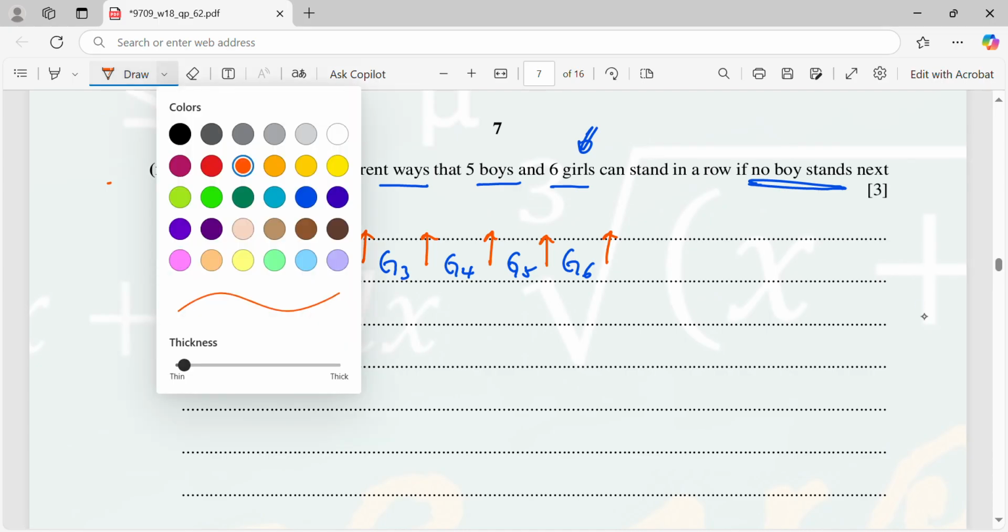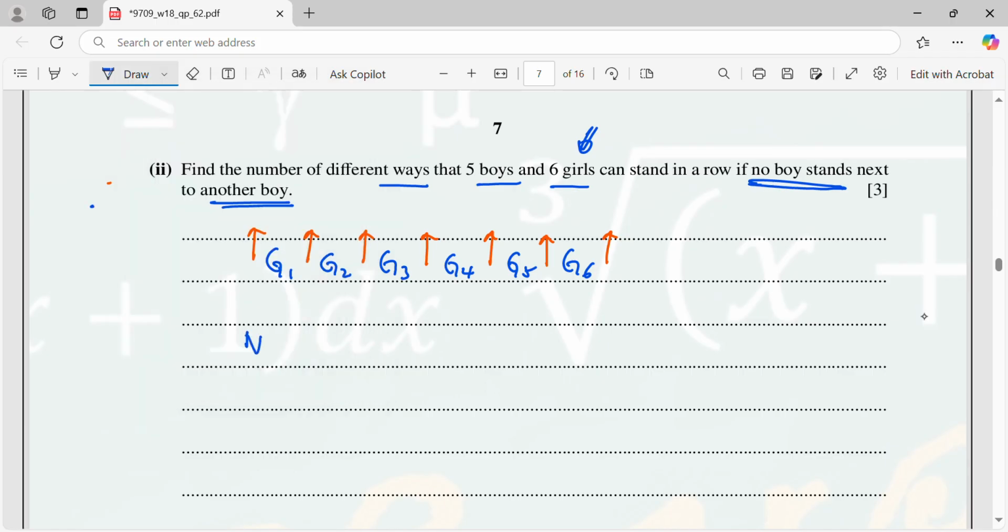So that means from here my number of arrangements, since I have 6 girls, so I arrange first, it will be 6 factorial. And now here, look at the orange arrows. I have 1, 2, 3, 4, 5, 6, 7. I have 7 arrows, but I only have 5 boys. That means out of these 7, I need to choose 5. But then, since I have chosen 5, then I need to arrange because they are different persons.